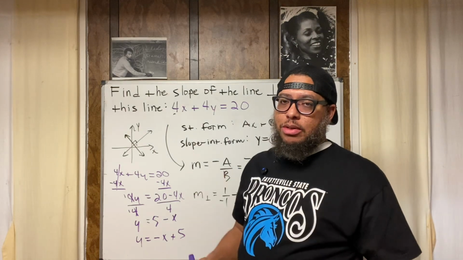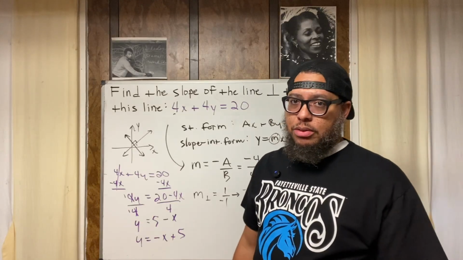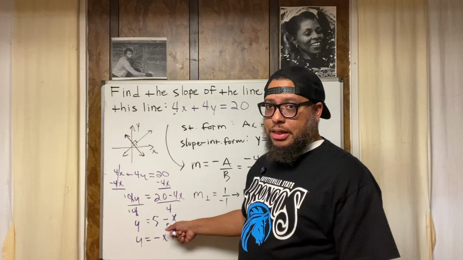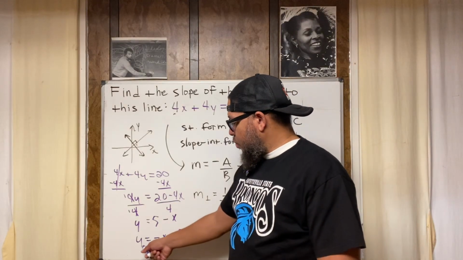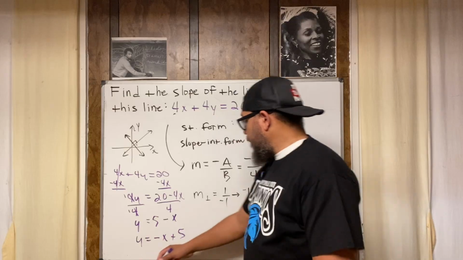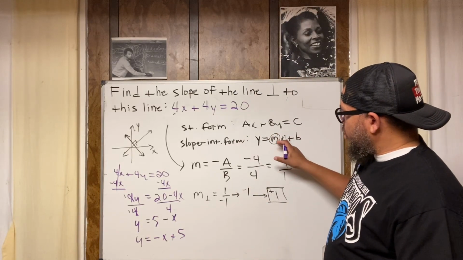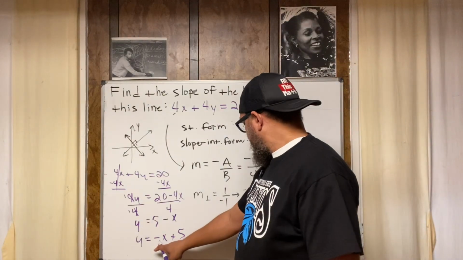That's one of those details that a lot of students don't really understand, but it's a very important detail about algebra, that negative x and minus x mean the same thing. So y is equal to negative x plus 5. Now look, slope-intercept form. The slope is the coefficient of x. What is the coefficient of x?